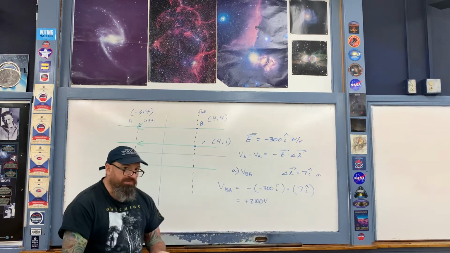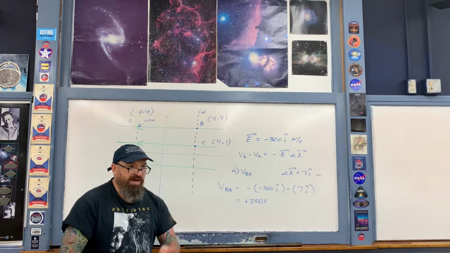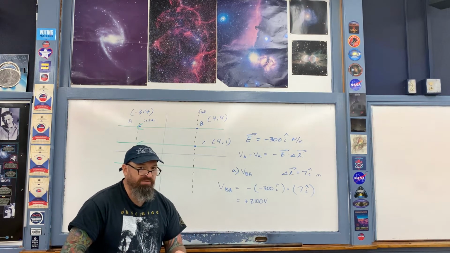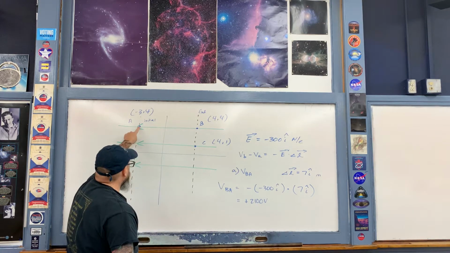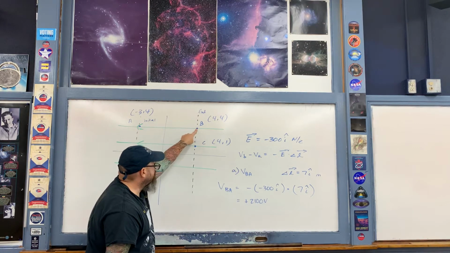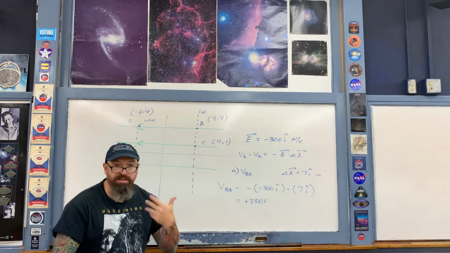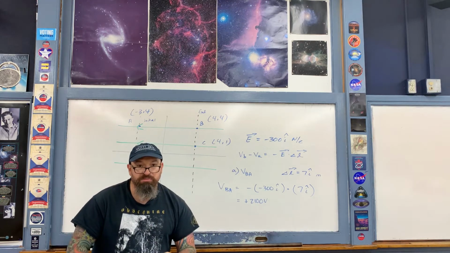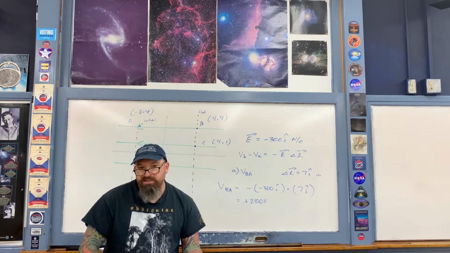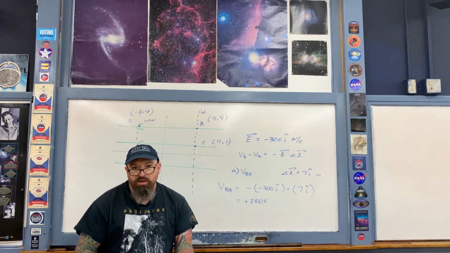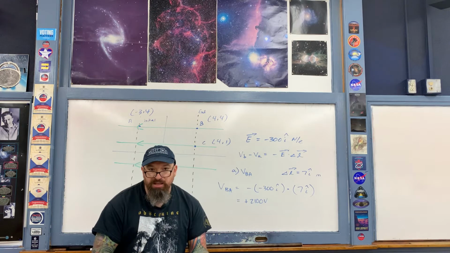So the potential difference is a positive number. Final minus initial is a positive number. So this then means that we had to move from a region of low potential to a region of high potential. The easiest way to think of this is in terms of a positive test charge. In which direction does a positive test charge always fall? It always falls from high to low potential.